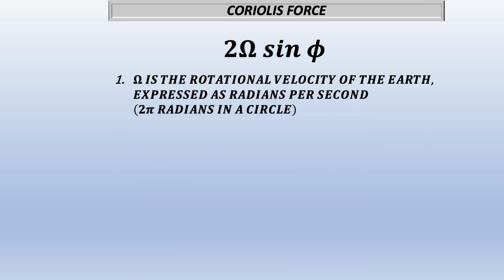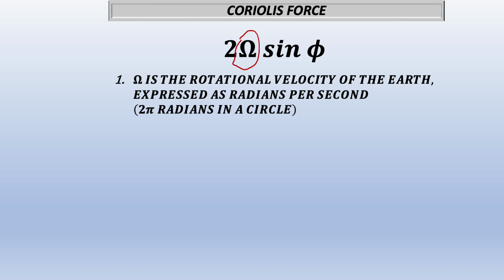Now, there's something else that needs to be considered here, and that is the Coriolis force, which is sort of an imaginary force, but it has a real effect, and it's caused by the Earth's rotation, okay? So the Greek letter omega that you see here is the rotational velocity of the Earth, and it's usually expressed as radians per second.